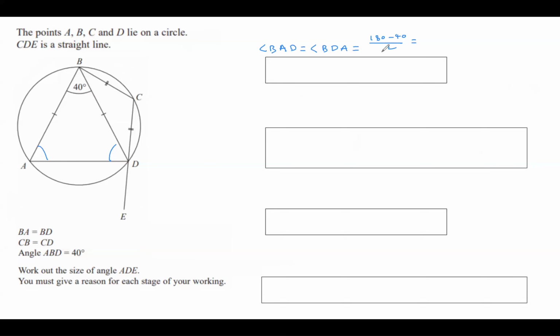So that's going to be 140 divided by 2, which is 70 degrees. So these angles are 70 degrees. And our reasoning is angles in a triangle add up to 180, and also because this triangle here is an isosceles triangle.